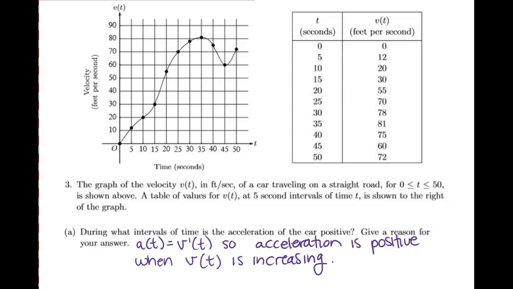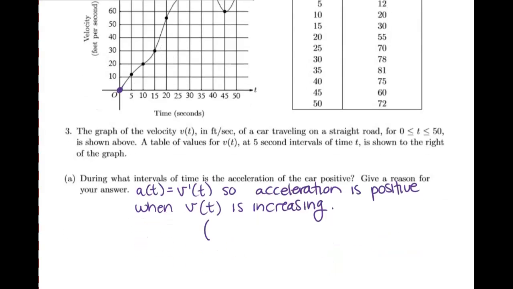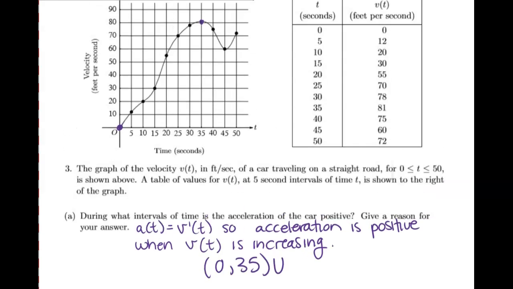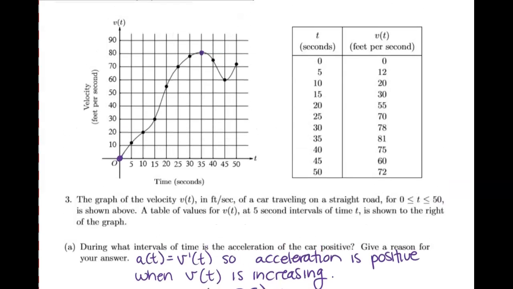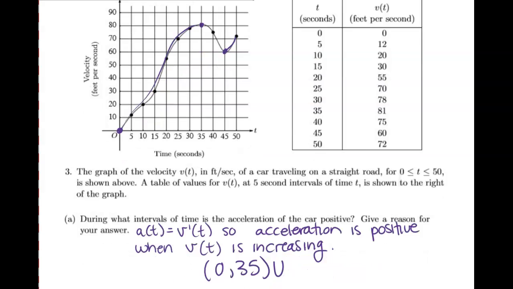So there's a positive slope. So v of t is increasing from 0 all the way up to 35. And it decreases a little bit here, and it's also increasing from 45 to 50.